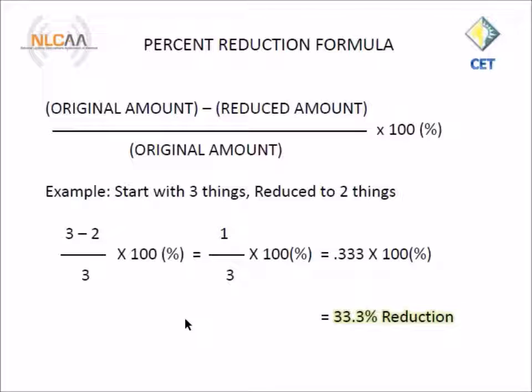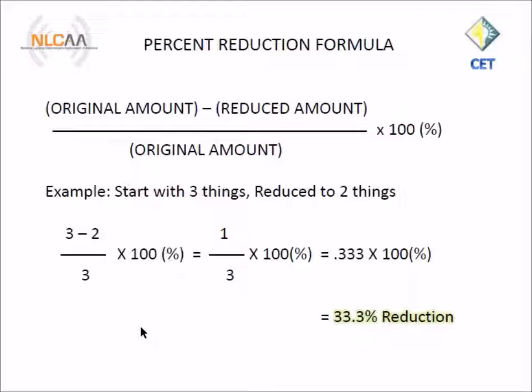Make sense? Let's do it with pennies. I have 100 pennies in my pocket. I lose 25 of them walking down the street. That leaves me with 75 pennies when I get to where I'm going. 100 pennies minus 75 pennies, what I have left, is 25, divided by my original number of 100 pennies. 25 divided by 100 is 0.25, times 100 is 25%.